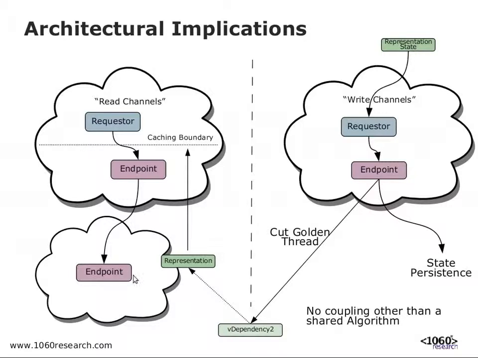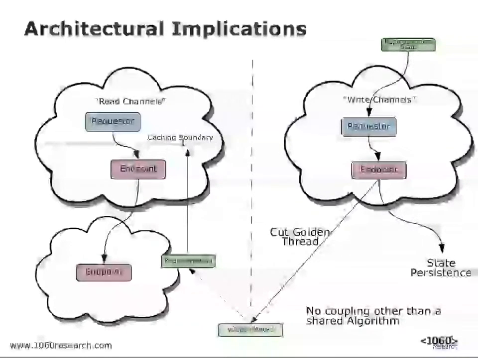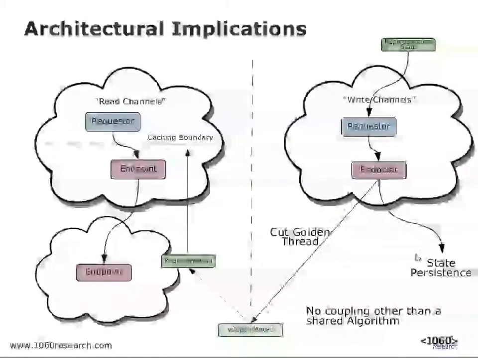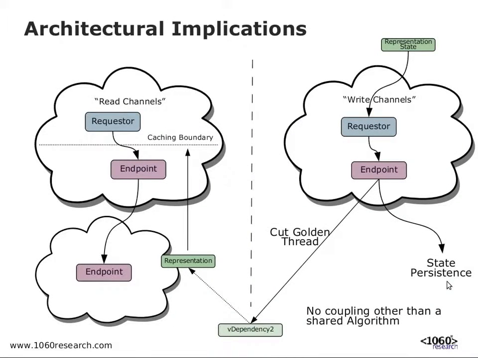When we compute these values, the endpoints that generate these things can, as necessary, associate virtual dependencies if we want to. So here the representation from this endpoint is associated with some virtual dependency. As long as that virtual dependency is valid, and as long as all of this state is valid, then the requester will continue to hit the cache and get the representation from there. If at some point in the future some state comes into the system down one of our write channels, and that state gets persisted perhaps out to an external database or other persistence mechanism, then before we commit that state change to the external mechanism, we can explicitly expire the golden thread, the virtual dependency 2.